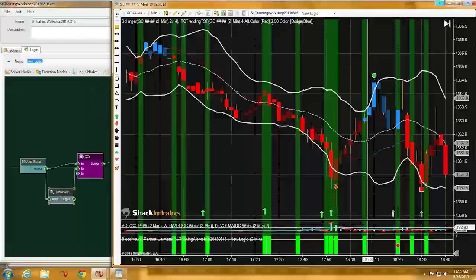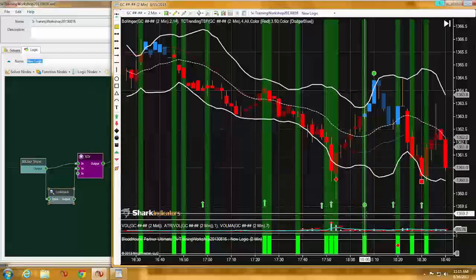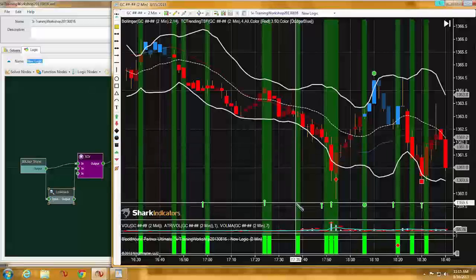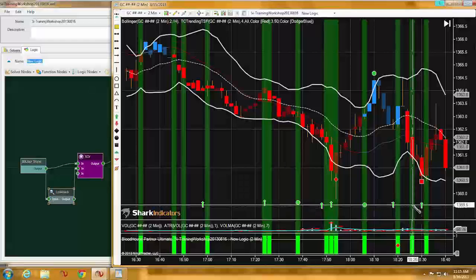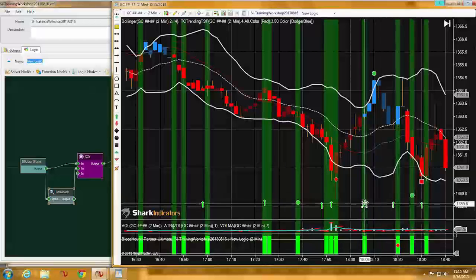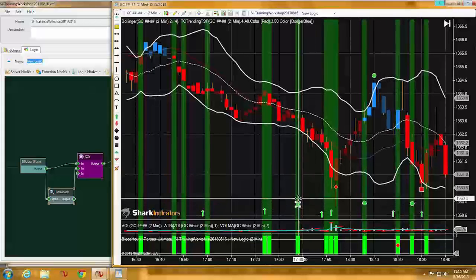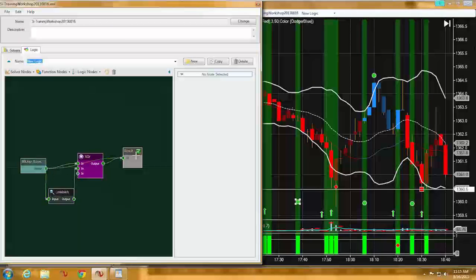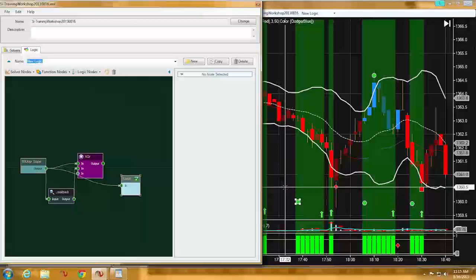For some reason we're getting a bar marked there and there and there. So I'm going to have to take a look at the outputs here.